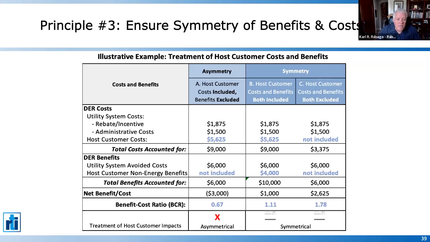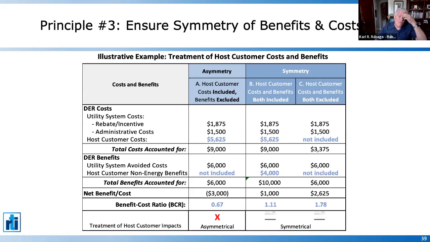Now, customers get benefits, and you can choose to include or not include those and see what happens here, right? So if you choose to include costs, you should also include benefits. You add costs of $5,625, you add benefits of $4,000. Your total benefits are $10,000, your net benefits are $1,000. That's positive.